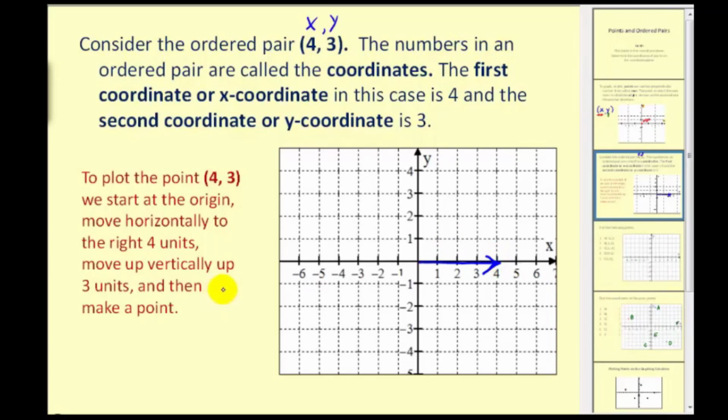Then we move vertically up 3 units because the y-coordinate is positive 3, and then we make a point. This is the point (4, 3).